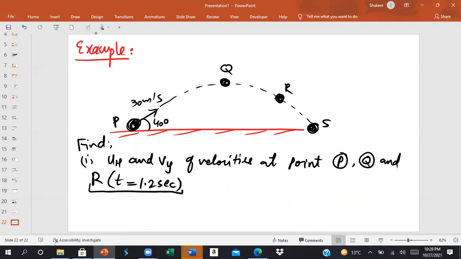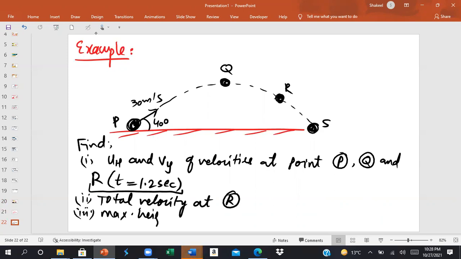So at 3 points, you have to find the horizontal and vertical components of velocities. Okay, then you have to find the total velocity at R. How much is the total velocity at R? Number 3, you have to find the maximum height gained. How much is the maximum height gained by this projectile?